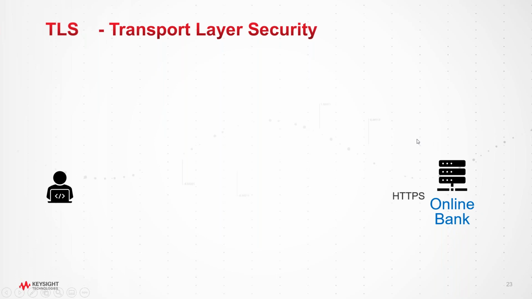It is not on the device. Your Windows machine or other operating system has that root store, and that root store has a chain of trust leading to the certificate that your online bank sent you in this HTTPS exchange. So that is how security is established, but this is only in one direction.